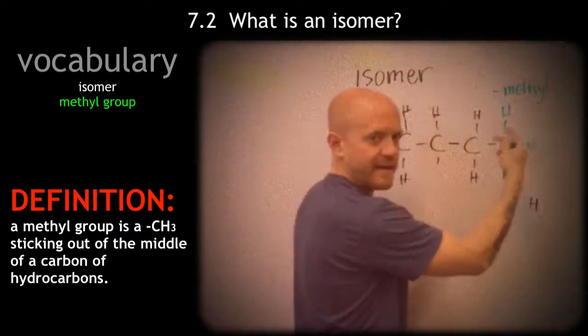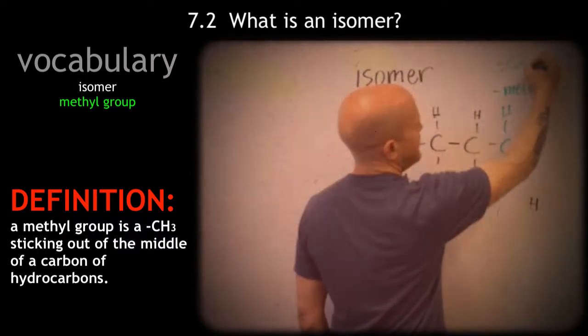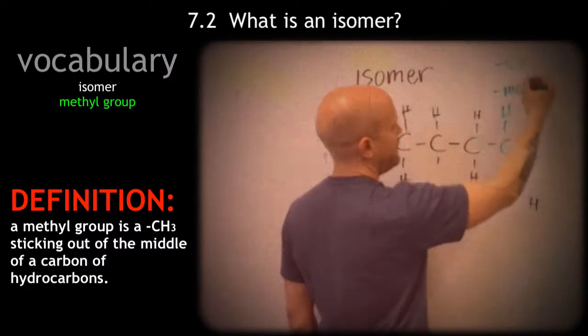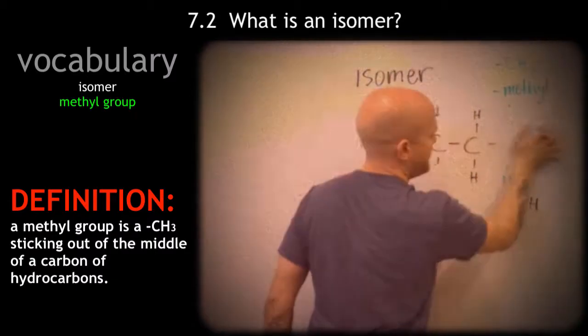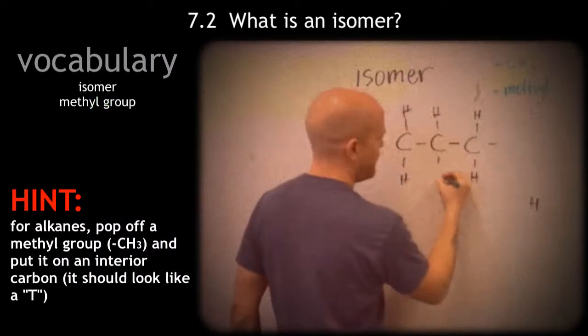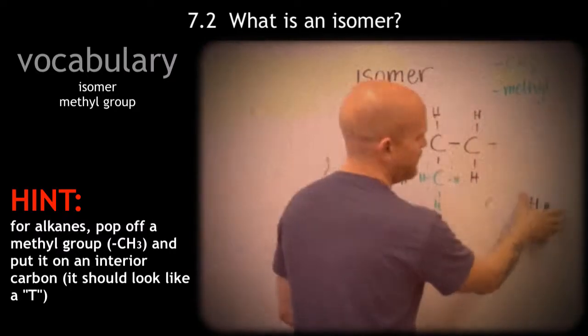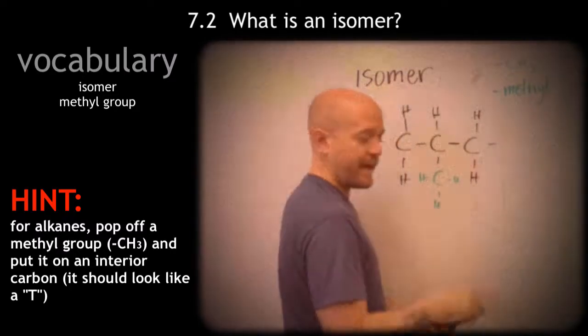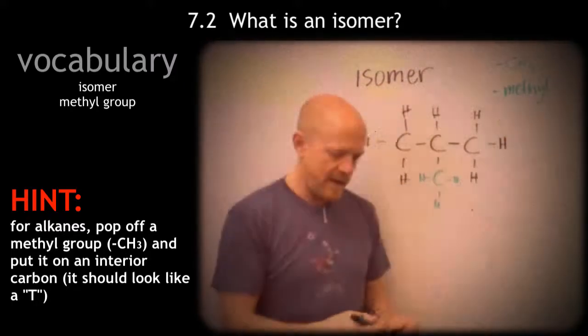It's methane when it's CH4, but when I have it sticking off like a CH3, this is a methyl group. We'll talk a little more about that in a second. So I'm going to take off this CH3 and put it down here, and re-add that H that was at the bottom over here on the carbon.